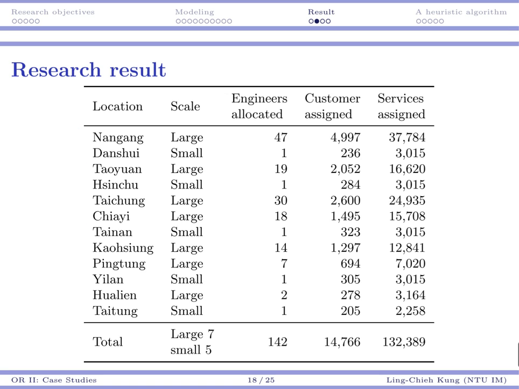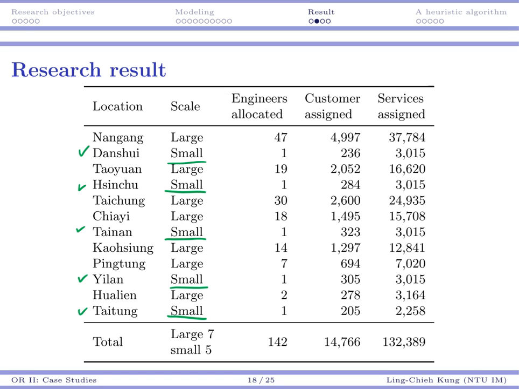So after the optimization, we see that there are 5 locations where you don't need a large facility. For 淡水, 新竹, 台南, 宜兰, and 台东, you actually don't need a large building. You just need one building with just one engineer.